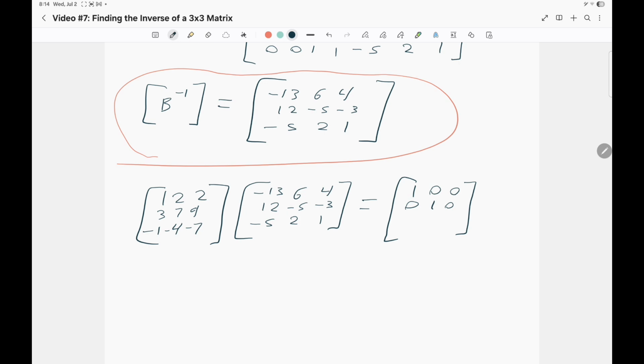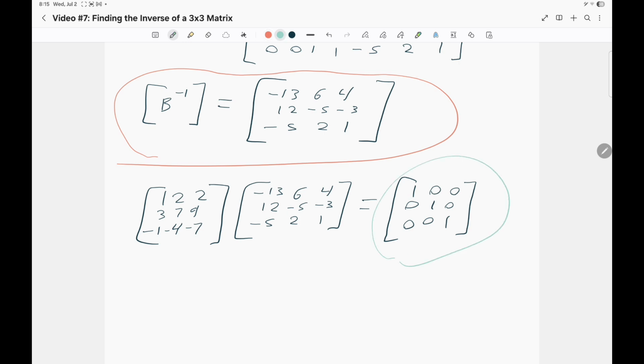Okay, -35 plus 35, 0. -6 plus 20 minus 14, 0. And -4 plus 12 is, sorry, I'm losing steam here. 8. 8 minus 7, 1. Look at that. We got the identity matrix.